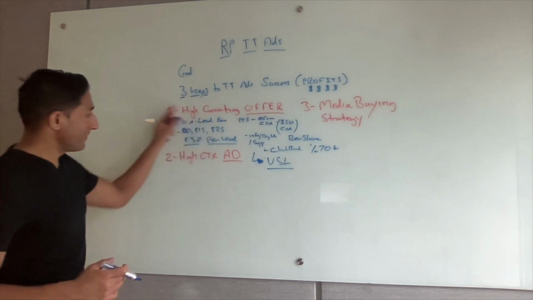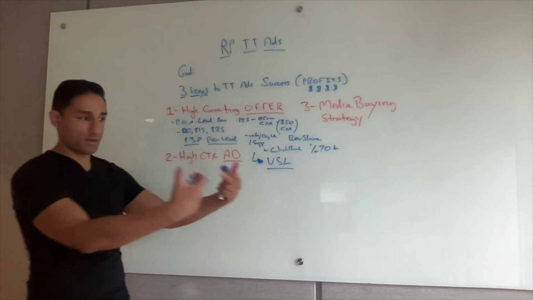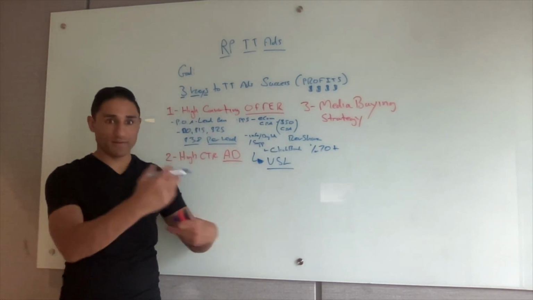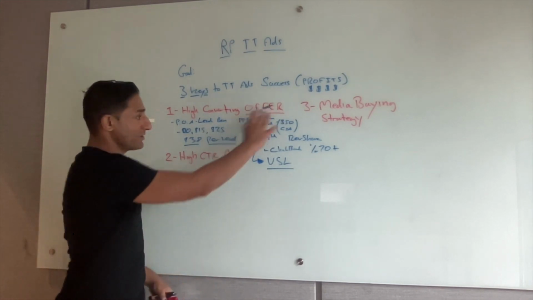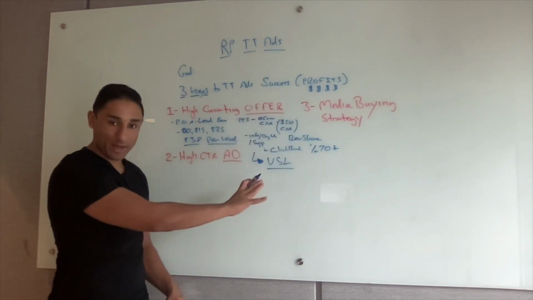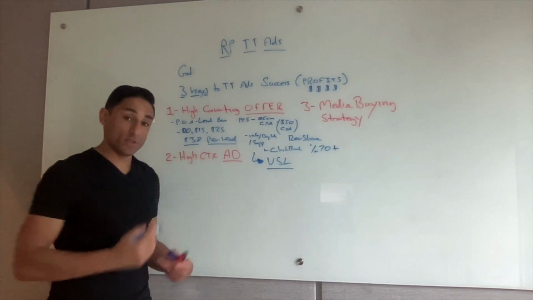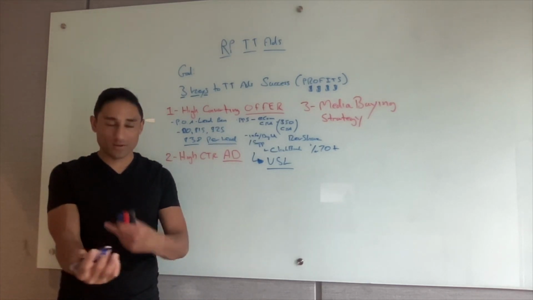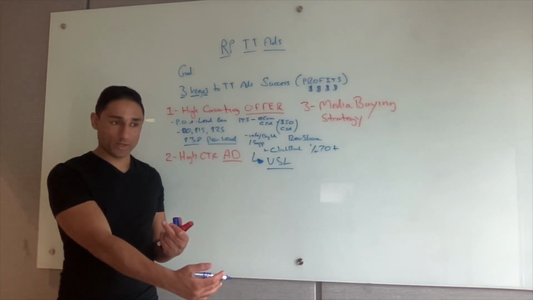So these offers, lead gen, you send someone to a form and they fill out the form, you get paid. This offer here, pay per sale, ClickBank style offer, you send them to a video sales letter, and the video sales letter does the selling for you, okay?